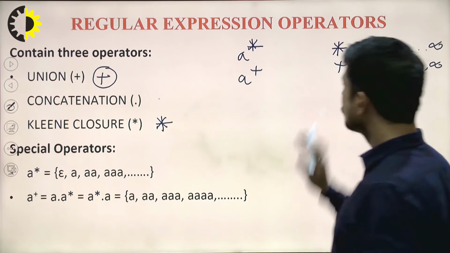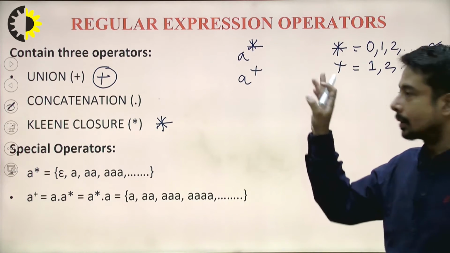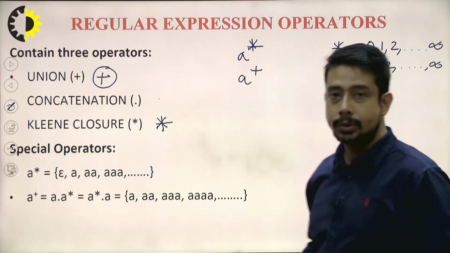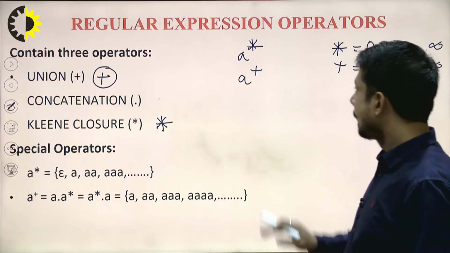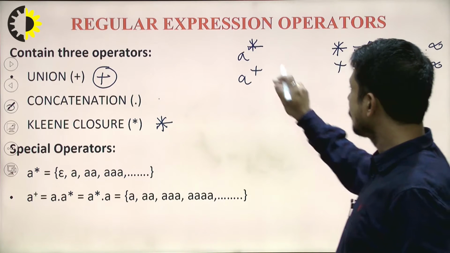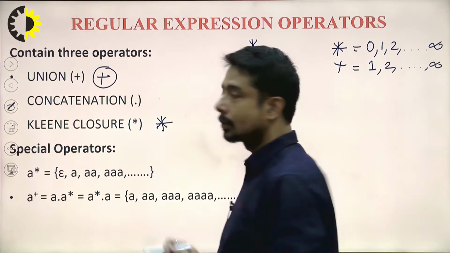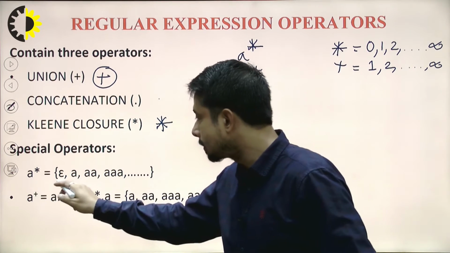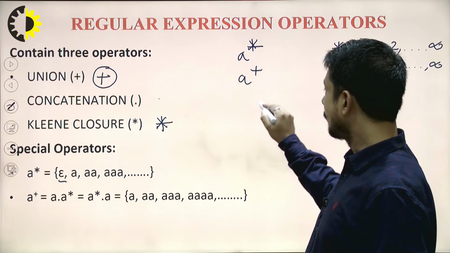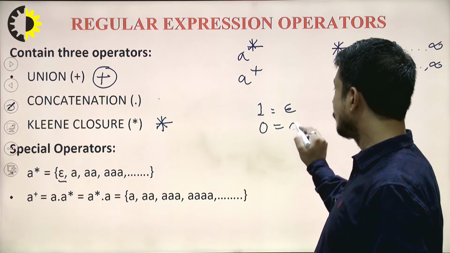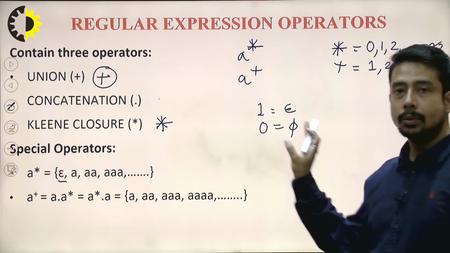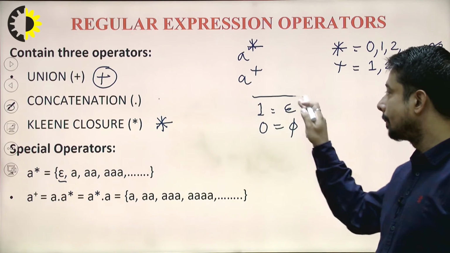So these are the two ranges, Kleene closure and positive closure. We have seen this in unit number 1. And whenever we say a to the power 0, what does it mean? It is 1, and here 1 is represented by epsilon, and 0 is represented by phi. So we will look into this point very clearly.